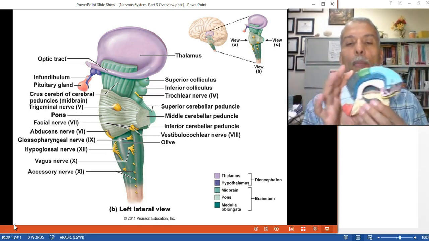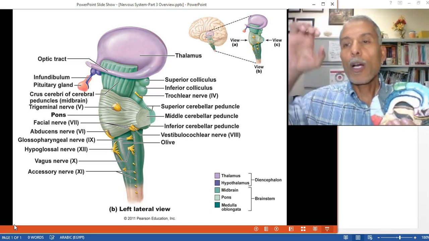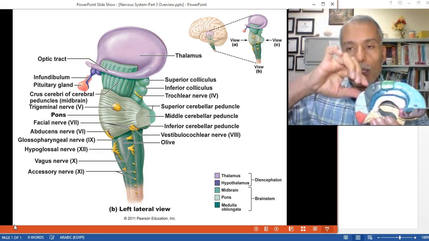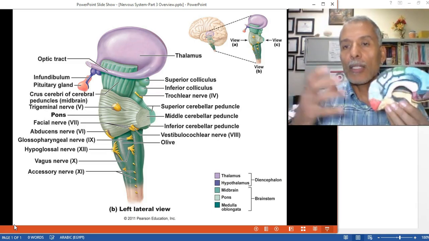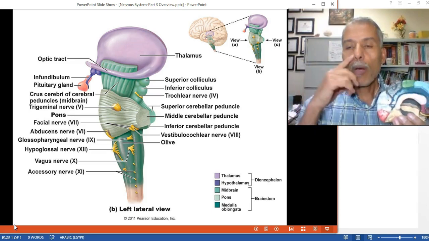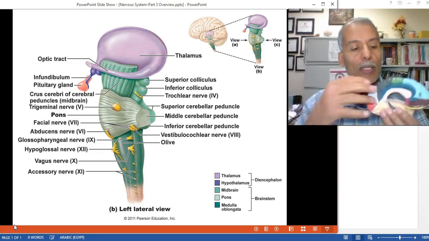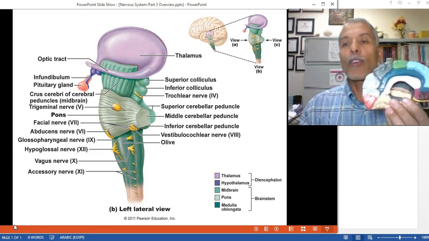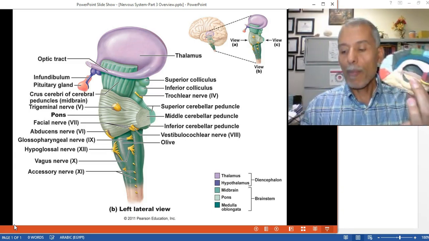So the cerebrum primarily is made up of gray matter, the cortex, and white matter, and some clusters of neuron bodies called nuclei, buried inside to do various functions. So that's what the cerebrum is.